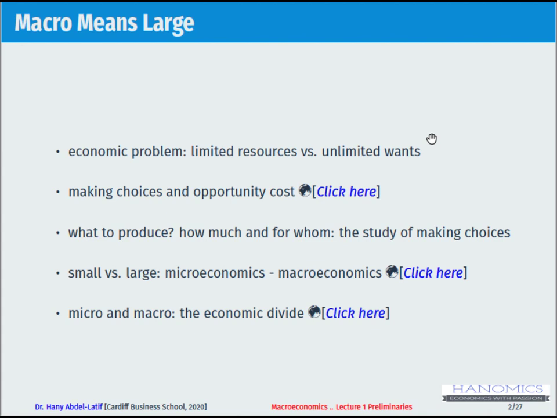In doing so, you have to make choices. And what we do in economics is study those choices. So economics is not about money, it's not about anything else. It's basically studying this behavior, making choices. Of course, you all understand opportunity cost, because every choice you make means you give up something at the same time.